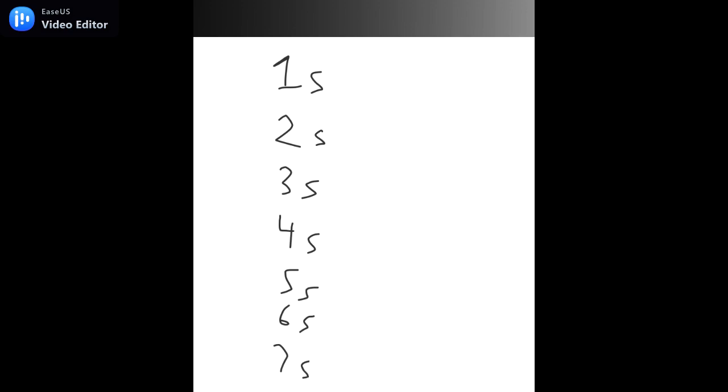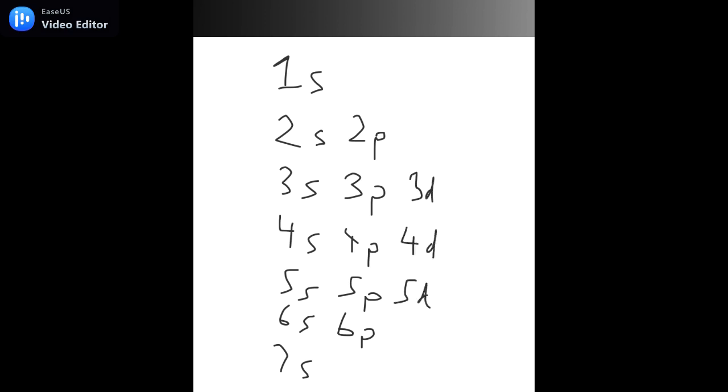Now, when we come to p, keep reducing one from the top and one from the bottom. So we'll start with 2p, 3p, 4p, 5p, and we'll stop at 6p. Now, when we go to d, again, reduce one from the bottom and from the top. So we'll start with 3d, 4d, and 5d. And then when we go to f, reduce one from the top and one from the bottom. So that is 4f.